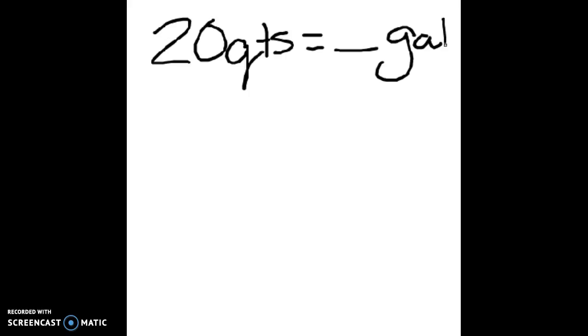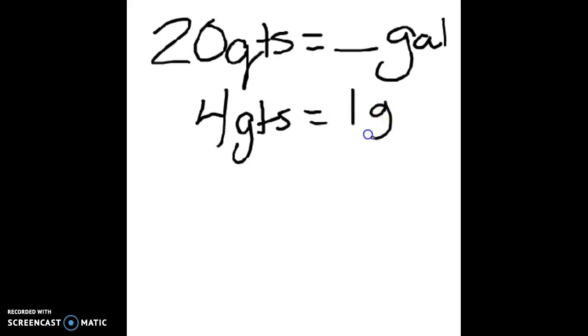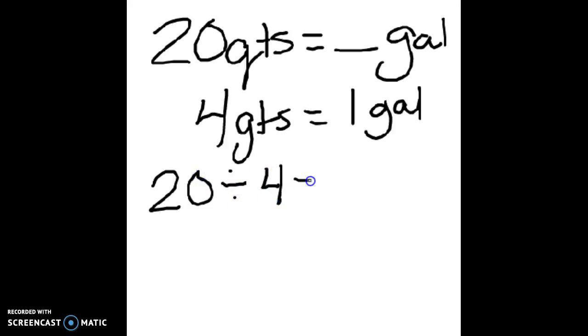Okay, well, if you look at your reference sheet, you can see that there are 4 quarts in 1 gallon. So again, I should take the number of quarts, 20, and divide it by the number of quarts in 1 gallon, which is 4. 20 divided by 4 is 5.